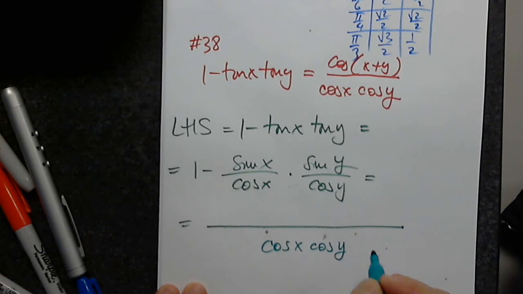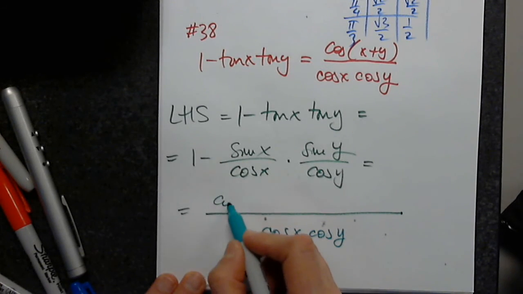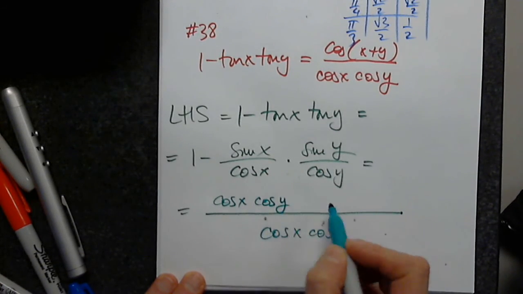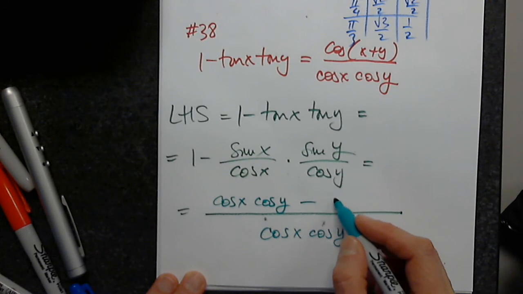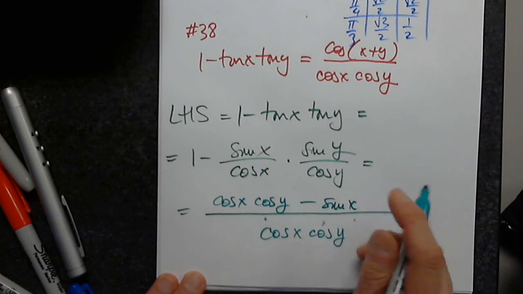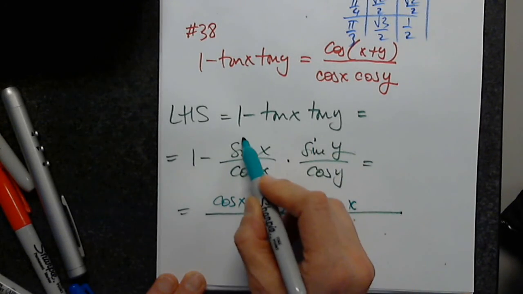Very good. And now the numerator: cosine x cosine y minus sine x sine y.